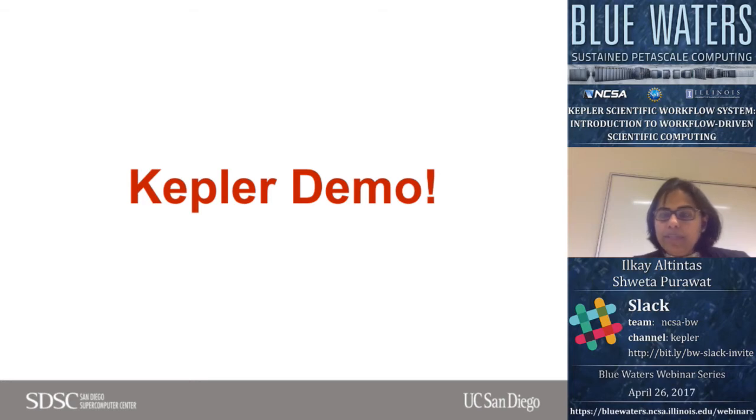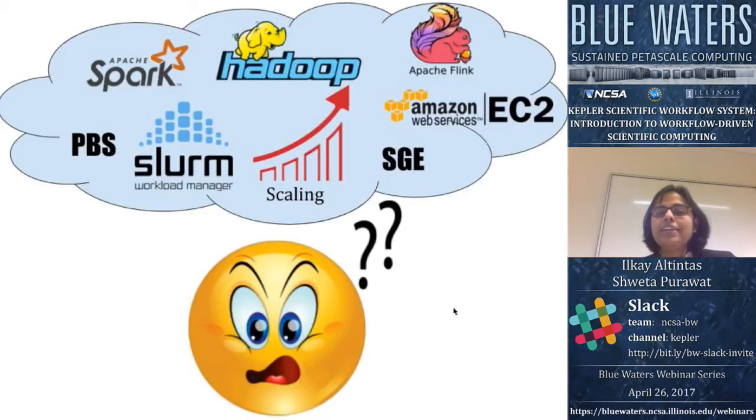Before we move to the Kepler demo, I would like to introduce the Kepler Exceed framework to you. A lot of domain scientists feel limited when it comes to scaling up their workflows. You need to have good knowledge of big data technologies like Spark, Hadoop, Flink, how to schedule your workflows on high performance computing clusters using different schedulers like Slurm, PBS, SGE, how to scale up on Amazon EC2.